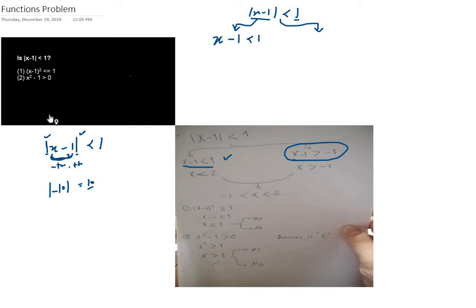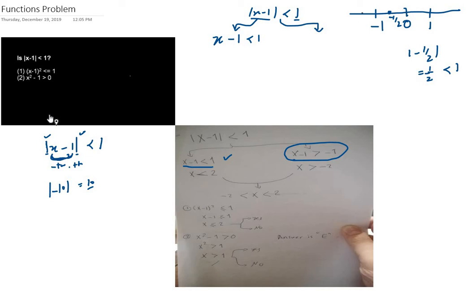As I mentioned in earlier videos, it's always best to draw the number line. So here the critical values are 1 and minus 1. If x minus 1 lies somewhere between minus 1 and 0, let's say minus 1 by 2, then the mod of minus 1 by 2 will be 1 by 2, which is less than 1.